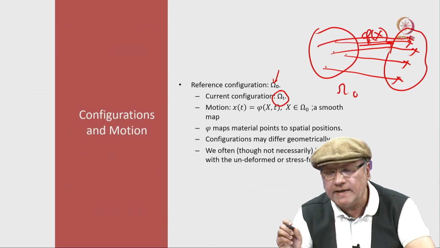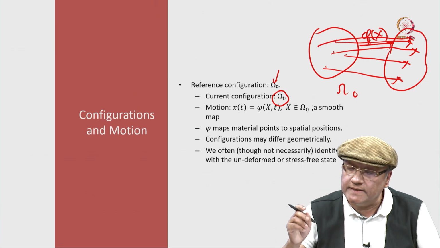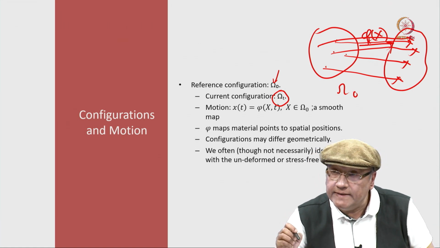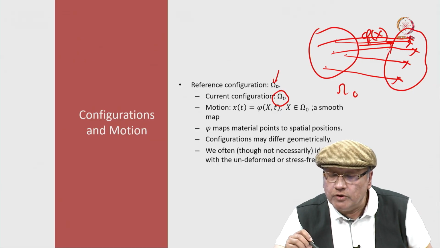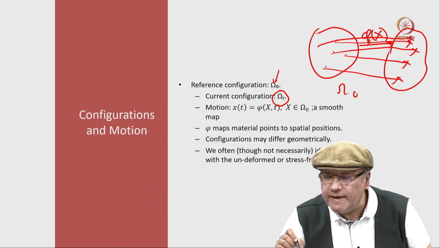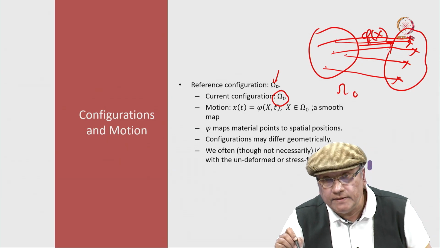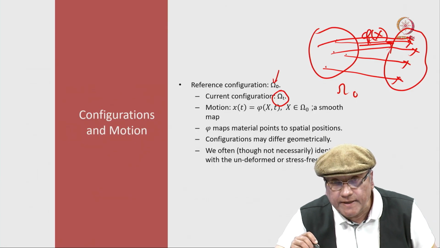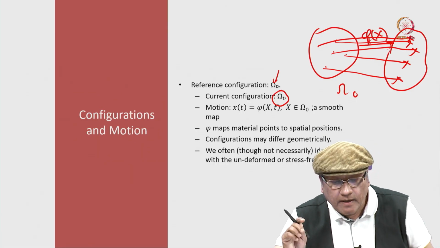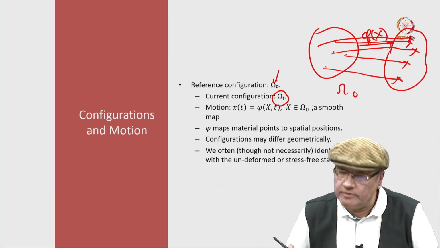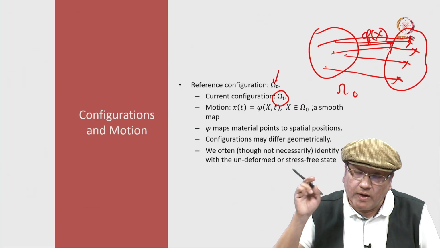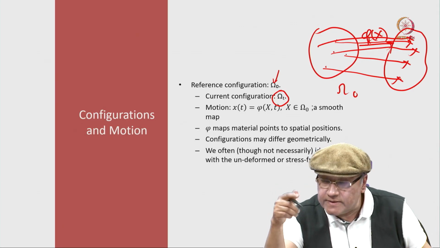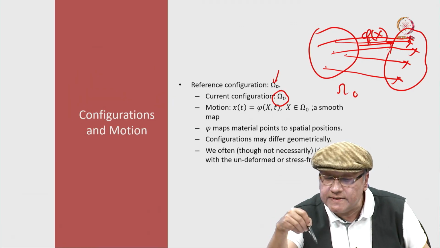The important thing is that this mapping is bijective, that is, actually it is injective, but it is also a bijective map, in the sense that corresponding to each such image cross in the deformed configuration, you have a unique pre-image, a material point in the undeformed or reference configuration. So, there is one more important thing, there is a uniqueness, right. So, corresponding to each such cross there is a unique dot.